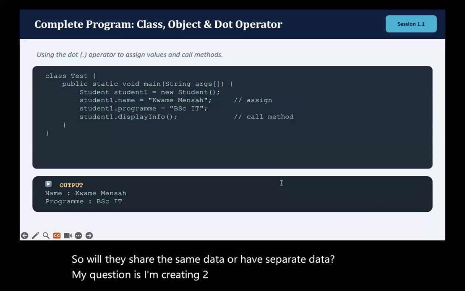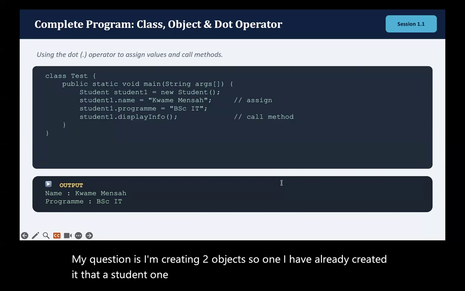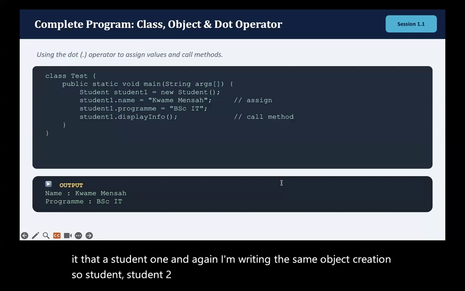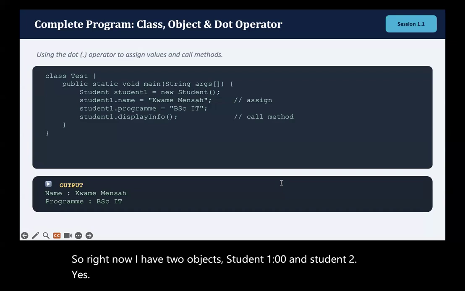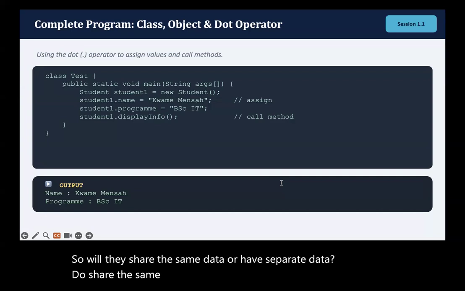One I have already created, that is student1. And again, I'm writing the same object creation: student2 equal to new student. So right now I have two objects, student1 and student2. Will they share the same data or have separate data? They will share the same data that was declared earlier.